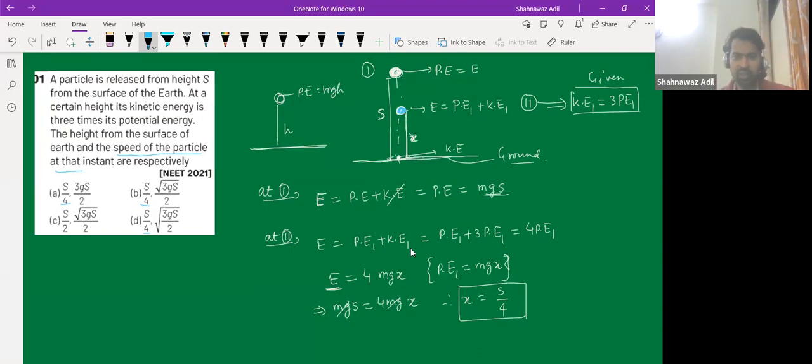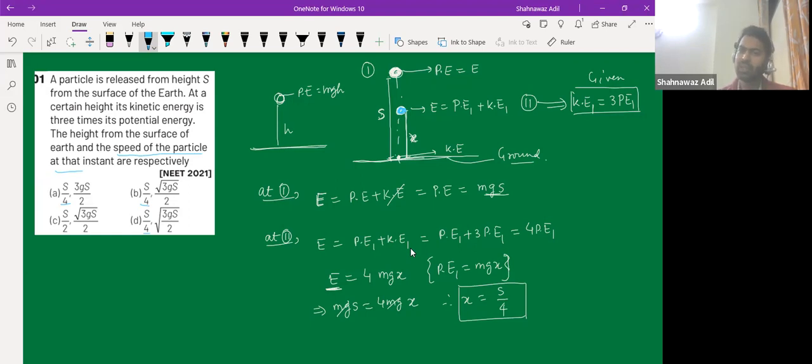What is the definition? Half mv square it is. I only know that much. Yeah, so the energy by virtue of motion. That is correct. Kinetic energy is half mv square.